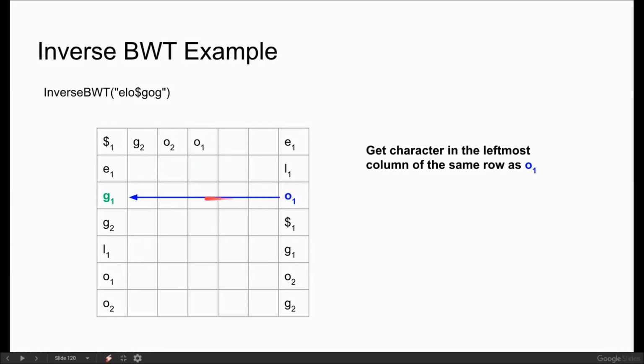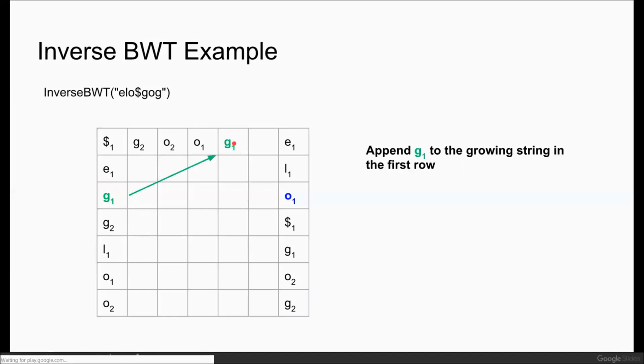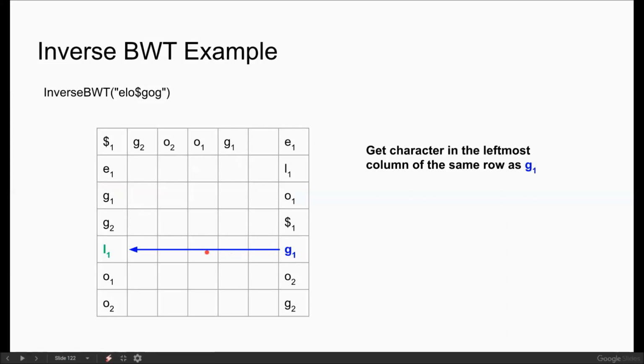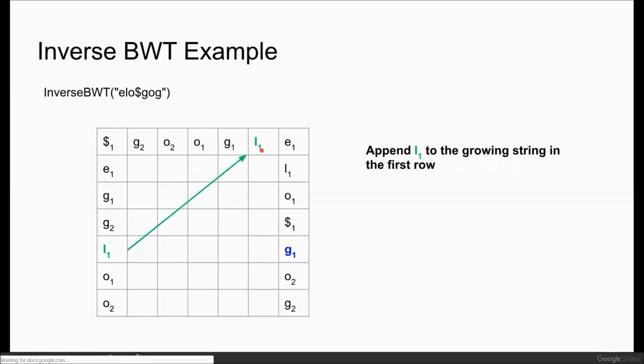So now we look to the left, and in the left-hand column, we see G1. So G1 is going to be what goes here. And now we have G1, so let's look for G1 in the right-hand column, which is right here. And now we look over to the left to see what character is in the left-hand column, and it's L1. So L1 is what's going to be added to this next spot.